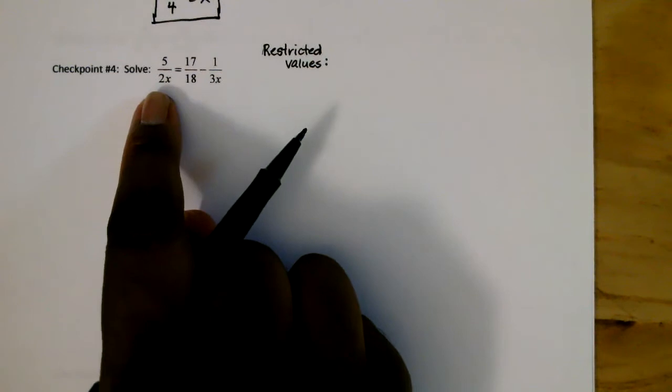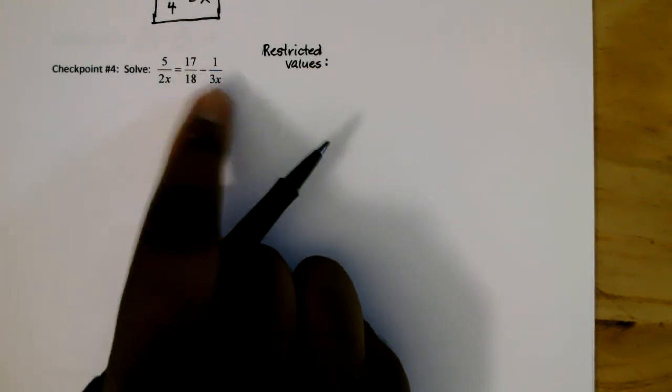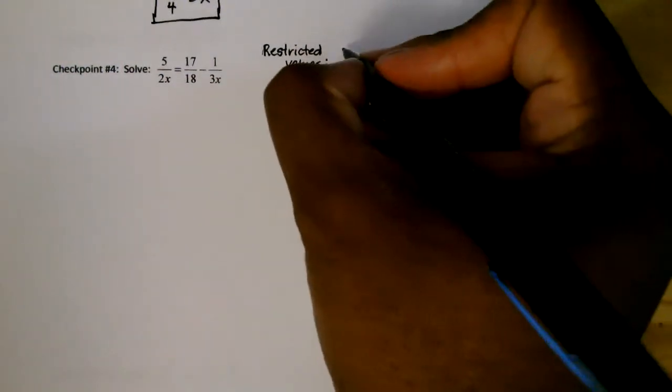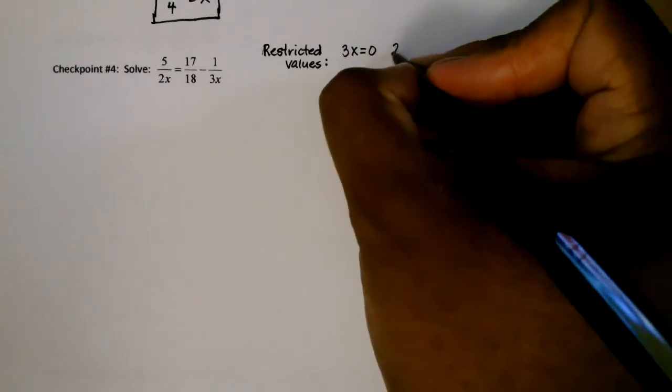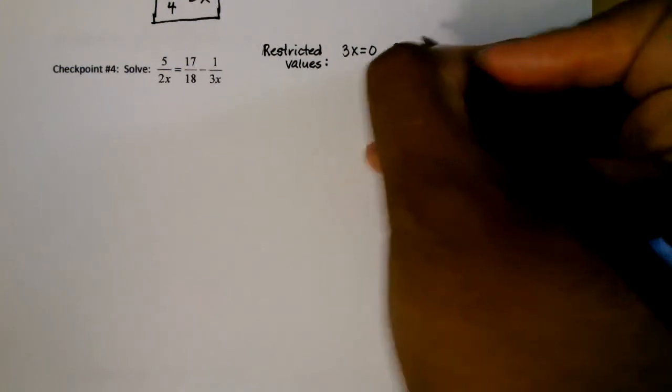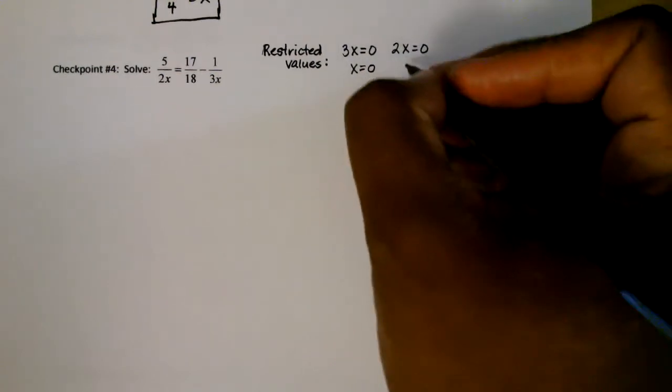So here I got a 2x and a 3x in the denominator. I'll set those each to be equal to 0. So 3x will be equal to 0 and 2x is equal to 0.